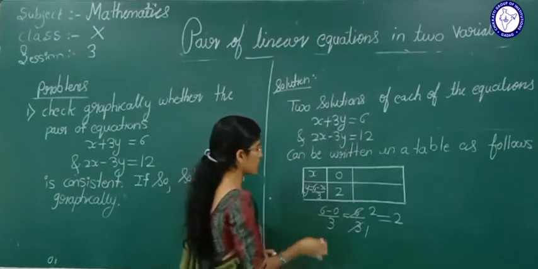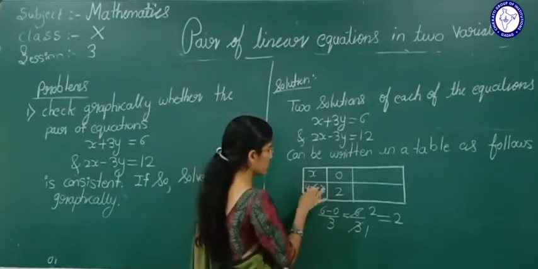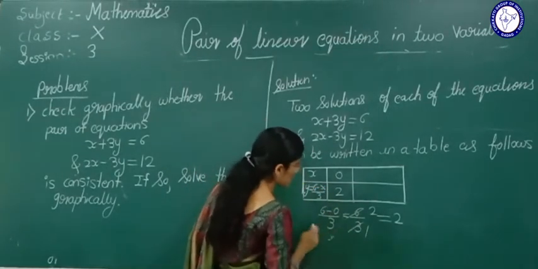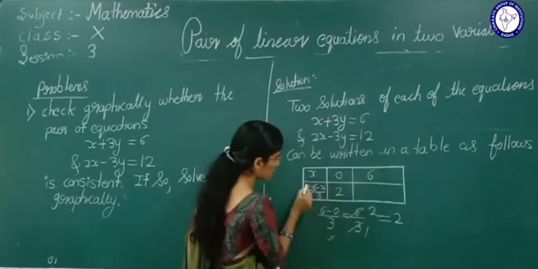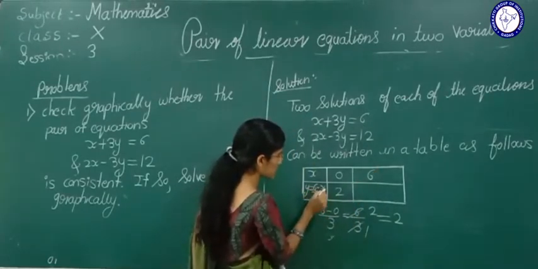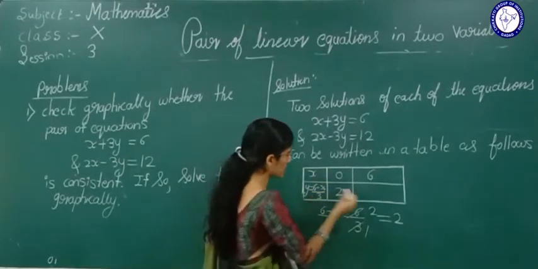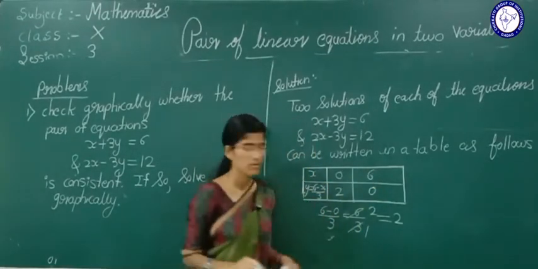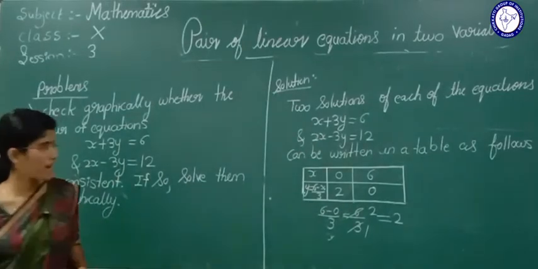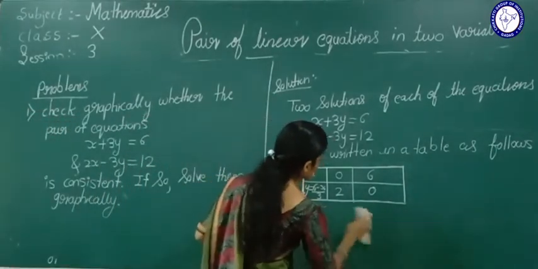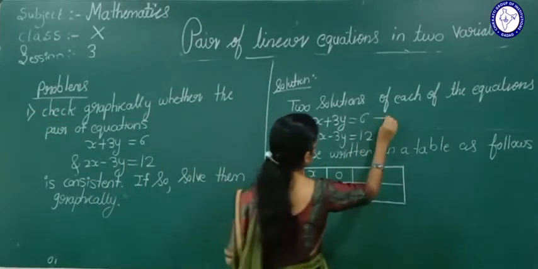If I take x value 6, what is the value of y? 6 minus 6 is 0, and 0 divided by 3 is 0. In a similar way, we will find the solution of equation number 2.